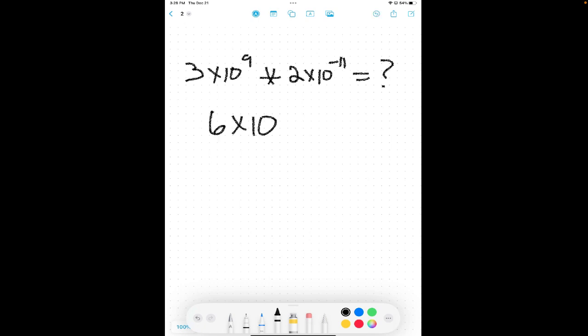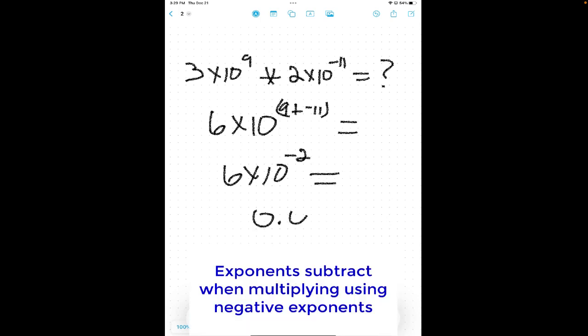Again, we know we'll be using scientific notation. So here, adding the exponents gives us a 9 plus a negative 11. When we add that together, we'll be left with 6 times 10 to the minus 2, which is the same as 0.06.